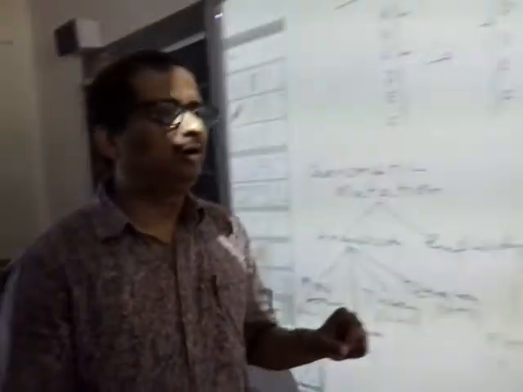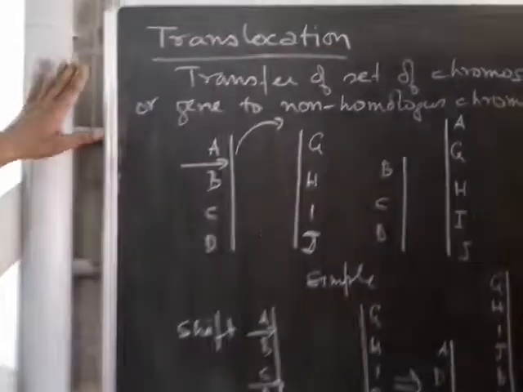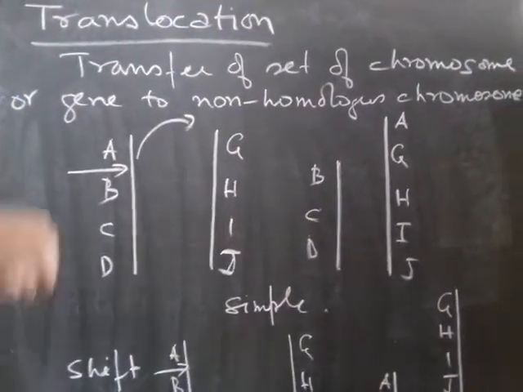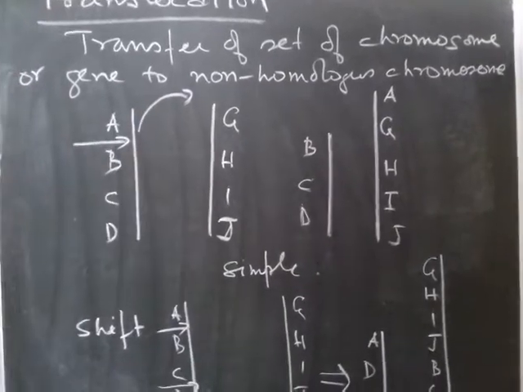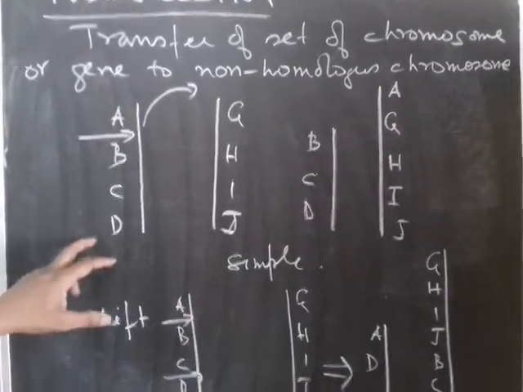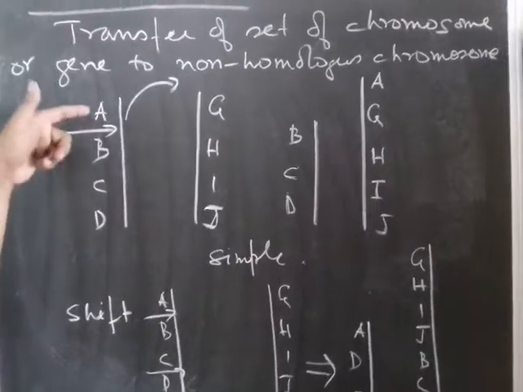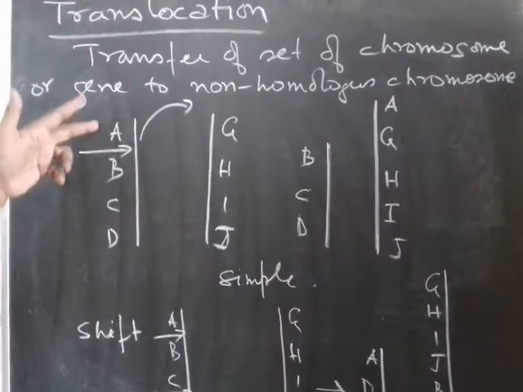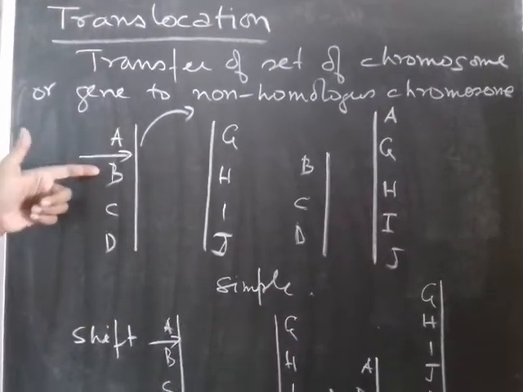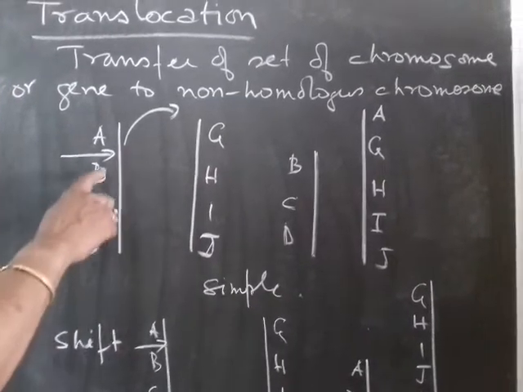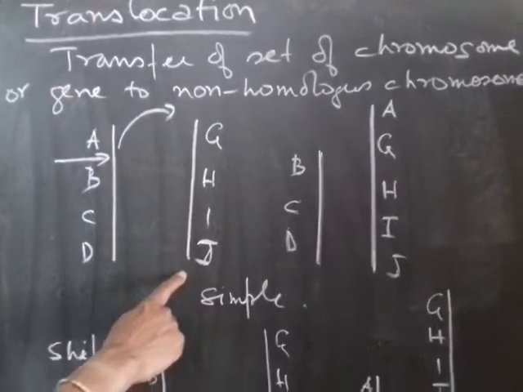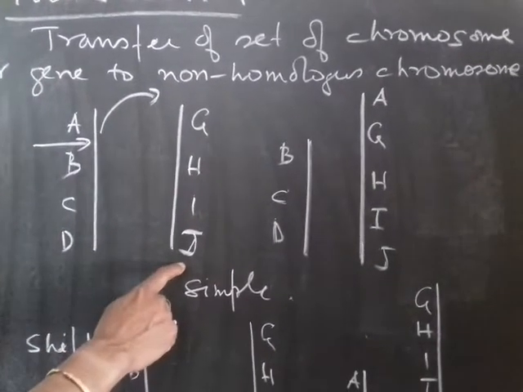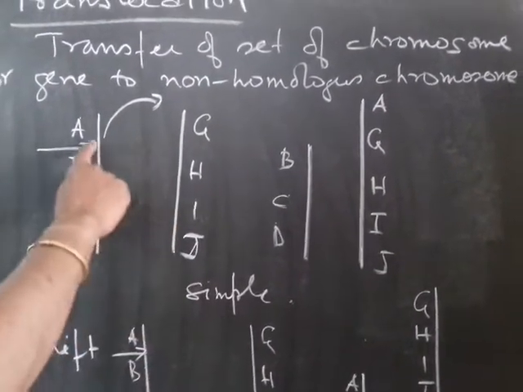The third type of chromosomal mutation is called translocation. In translocation, there is transfer of a set of genes to a non-homologous chromosome. That means they will not bear the same set of genes. Like see, this is a chromosome having the set of genes A, B, C, D. Now this particular gene is transferred to another non-homologous chromosome, where it goes and adds.